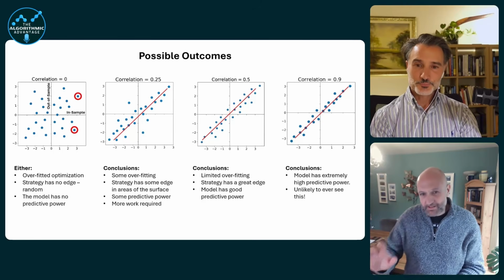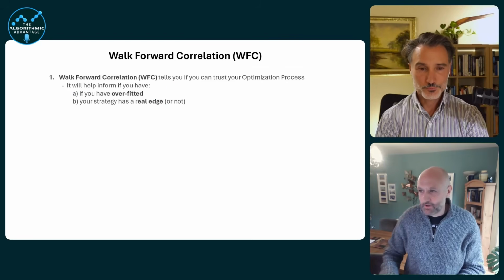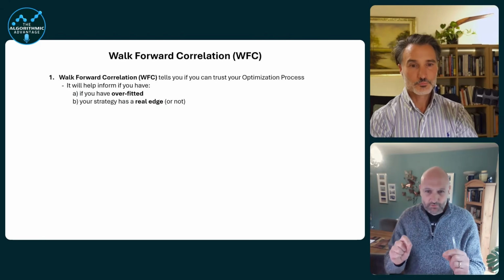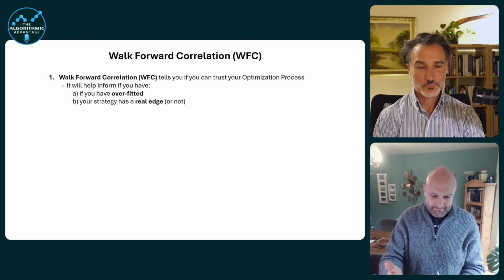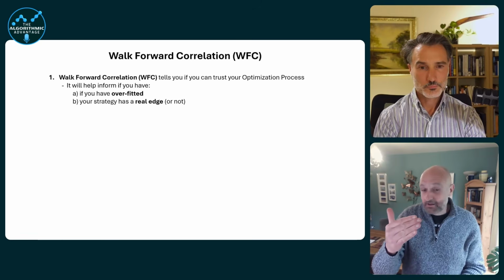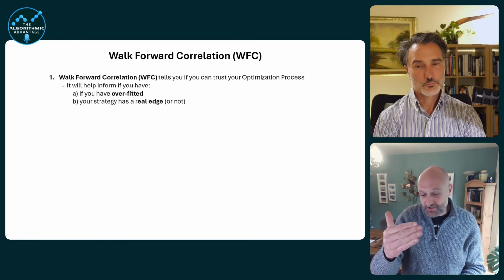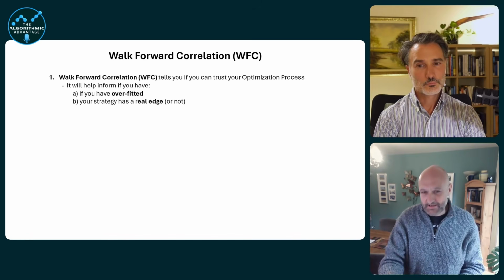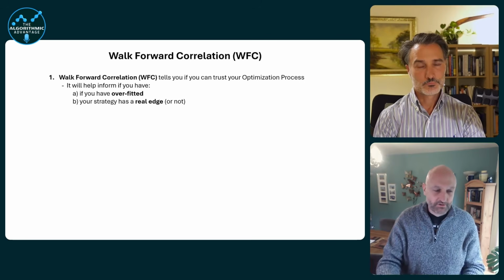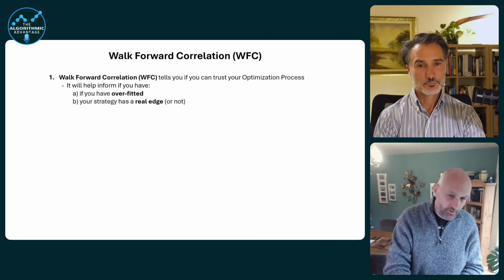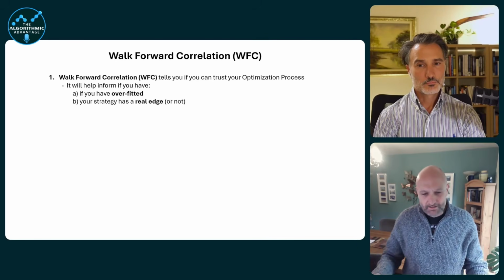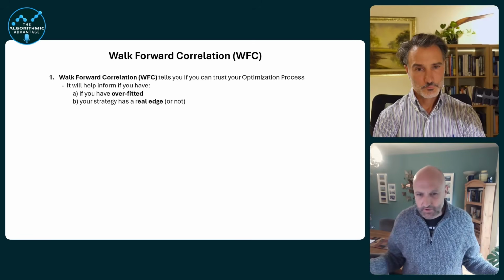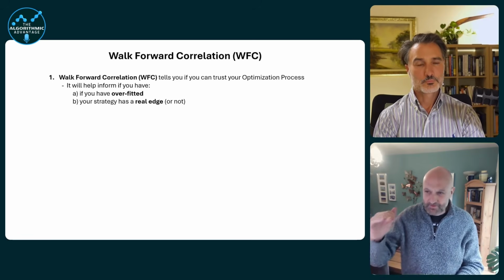So let me just quickly tell you where I'm going with this. In a nutshell, what does walk forward correlation do? It gives you that go or no go gate. And I can guarantee it will save traders so much pain and money, because you continually hear the stories where traders say it performed great, even out of sample validation it performed really well, I put it live and it lost money. What's going on? This gives you the answer.